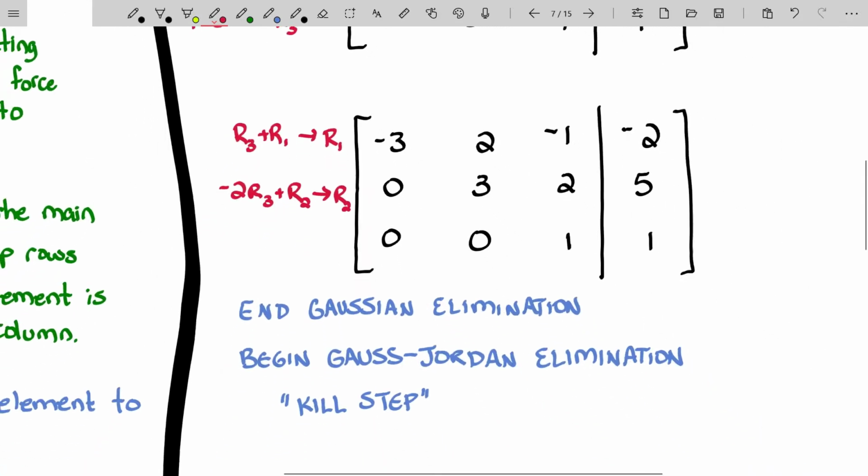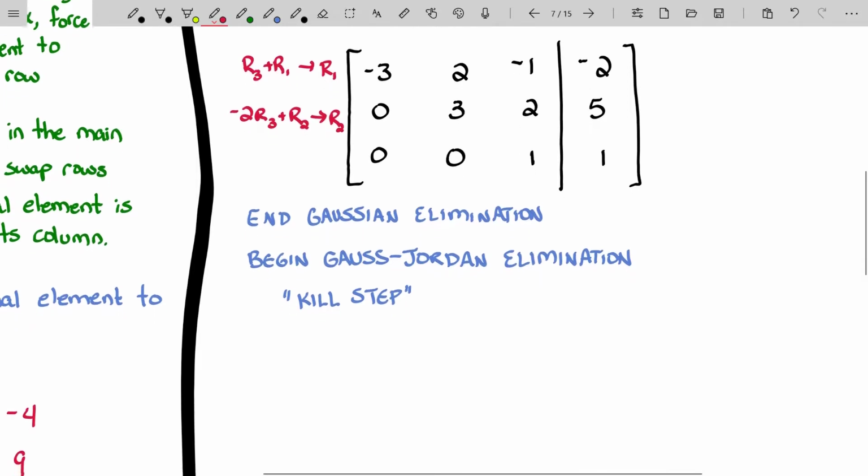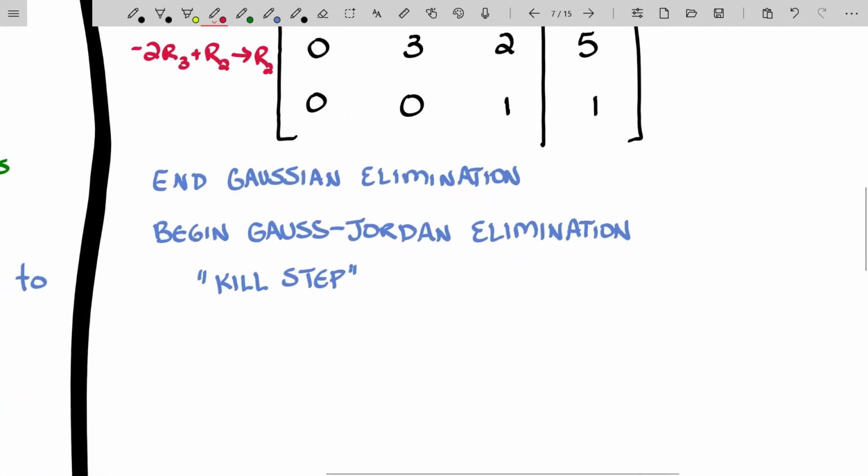So let's go ahead and write that down. I'll take negative twice row 3, which is 0, 0, 2, 2, and we're going to add it to row 2. And row 2 is 0, 3, 2.